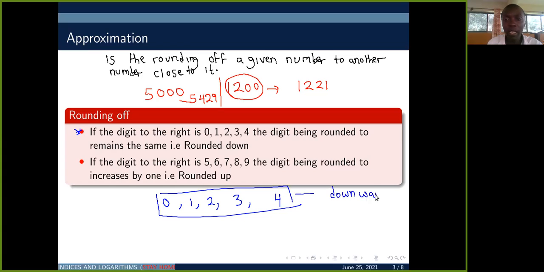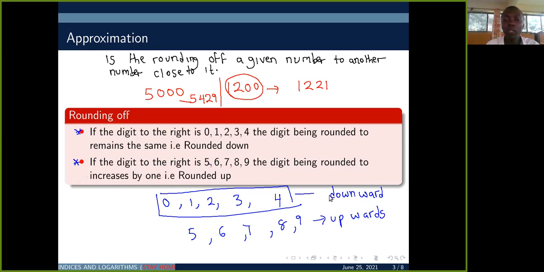In other words, the digit of interest, we don't add anything. We leave it the way it is. Now, in case our digit is from 5 to 9, that is 5, 6, 7, 8, and 9, such digits, we are going to be rounding upwards. By upwards means increasing those digits by 1.